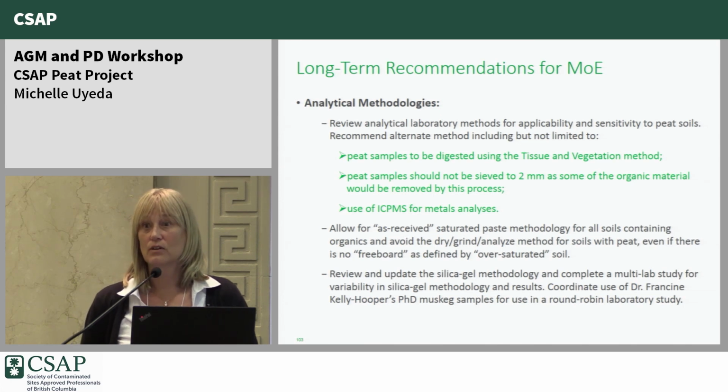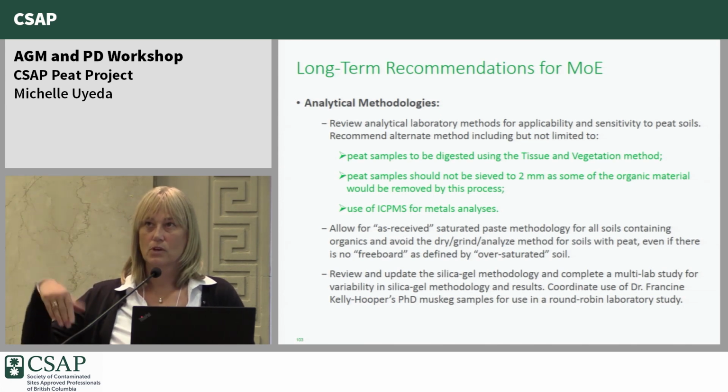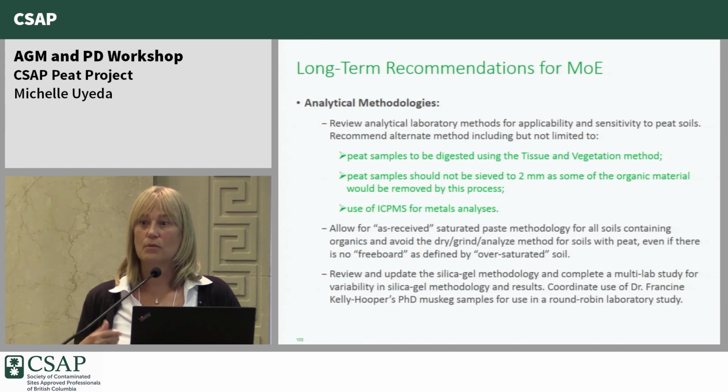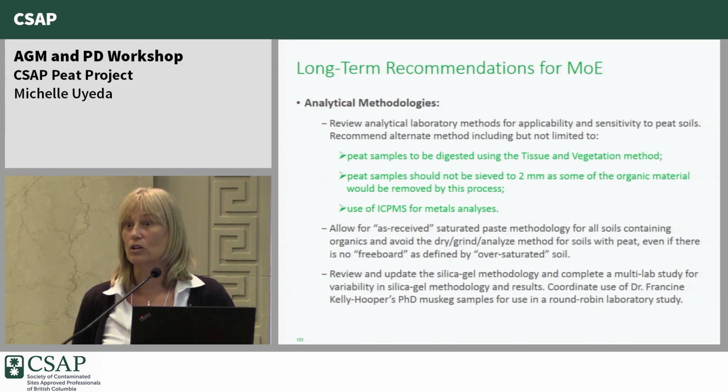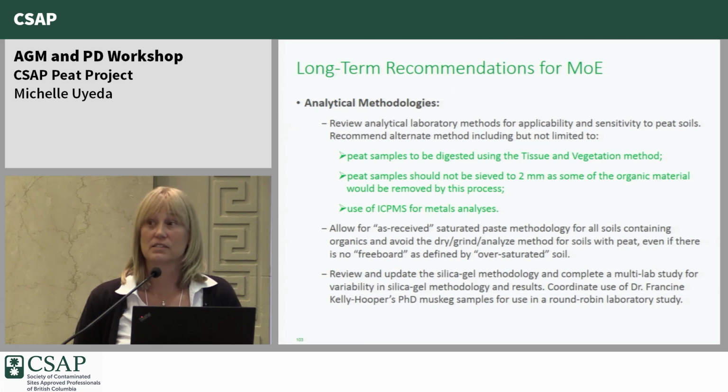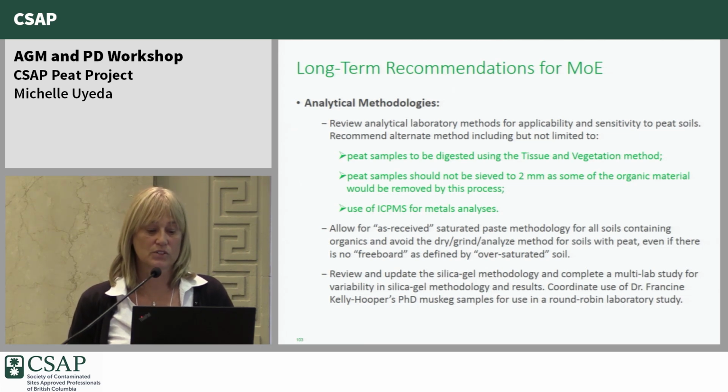You're allowed to do one silica gel treatment, but for peat samples, maybe there's a longer silica gel column or maybe doing 2 passes because of the high organic content in those soils. So there's room for research there.